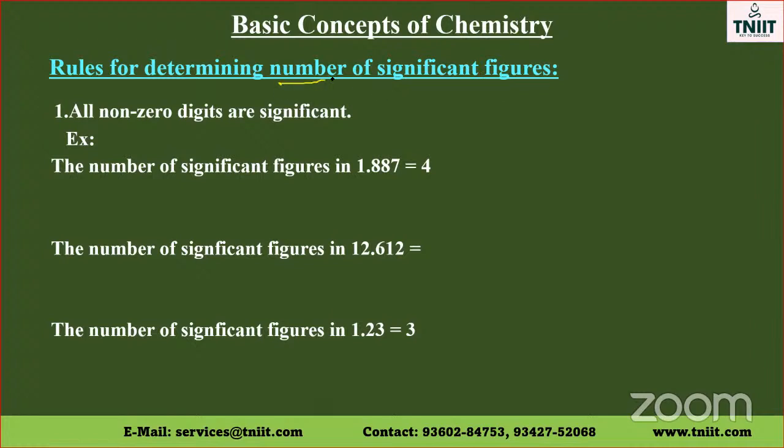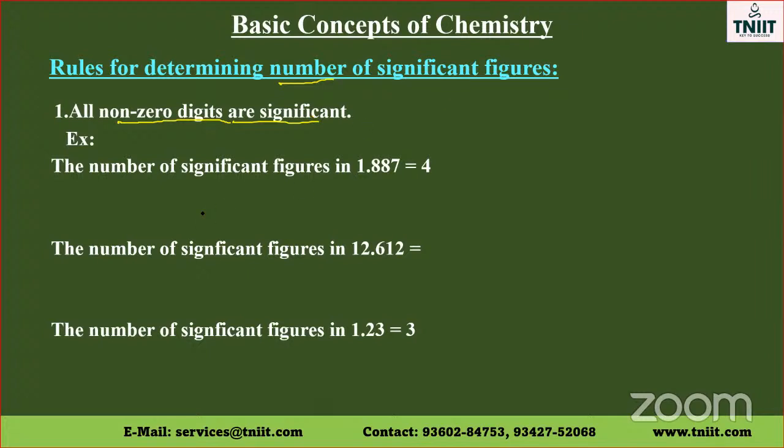Rules for determining the number of significant figures. It is only the number, whether it's 1, 2, 3, 4. All non-zero digits are significant. Significant means it contributes, it is important. So all the non-zero digits are having a significance. We cannot ignore them.